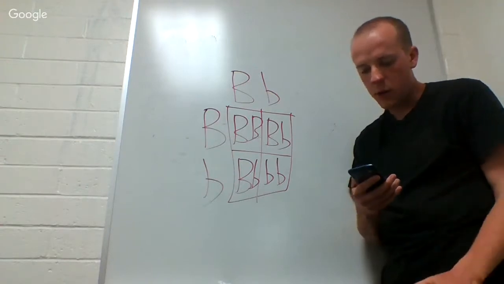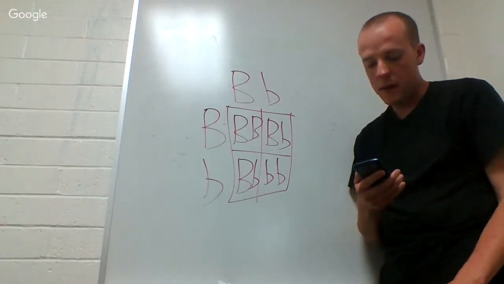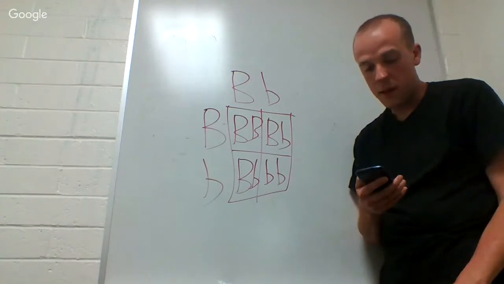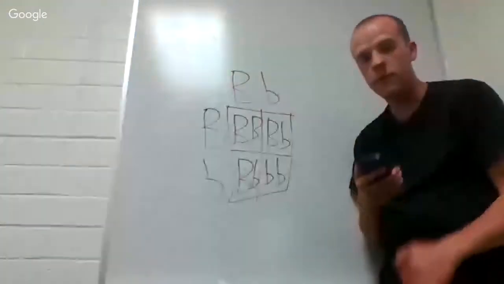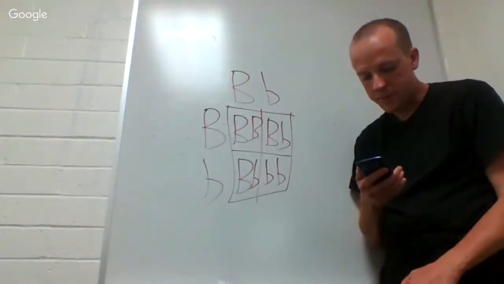And part C, suppose a cross between a male with a beard and a female without a beard produces a 1 beard to 1 no beard phenotype ratio among the female offspring. What are the genotypes of the parents?